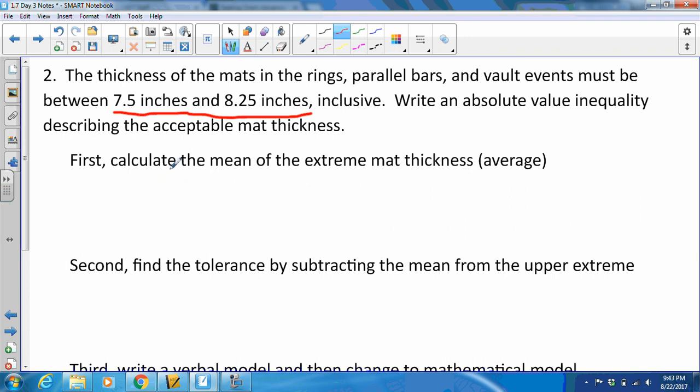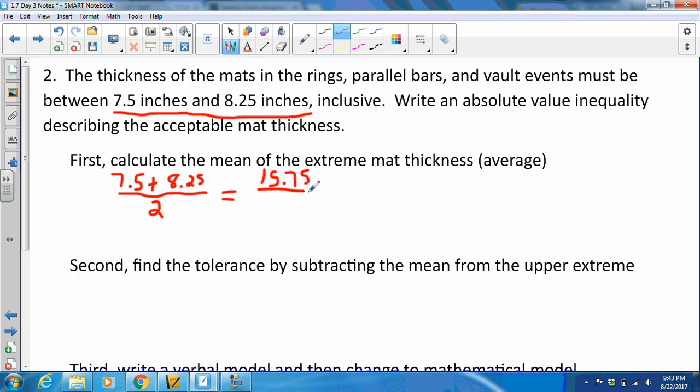So here we take our 7.5 and 8.25. To find the mean, remember we add our numbers. In this case, we only have two numbers, and divide by how many numbers we have. Well, since we only have two, we just divide by 2. So when we add for the numerator, we should get about 15.75.